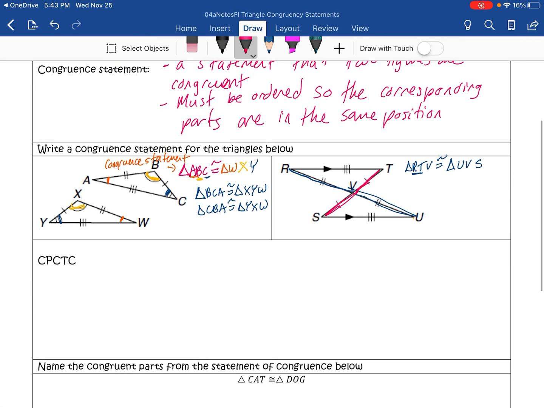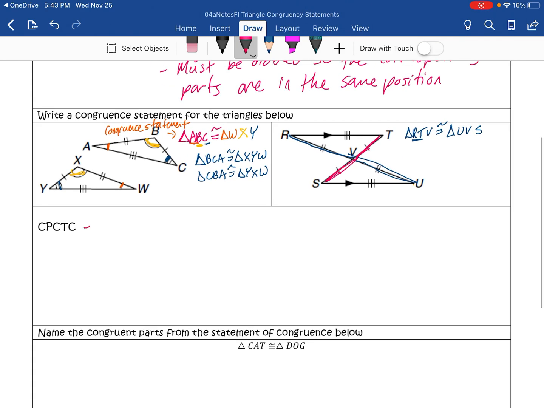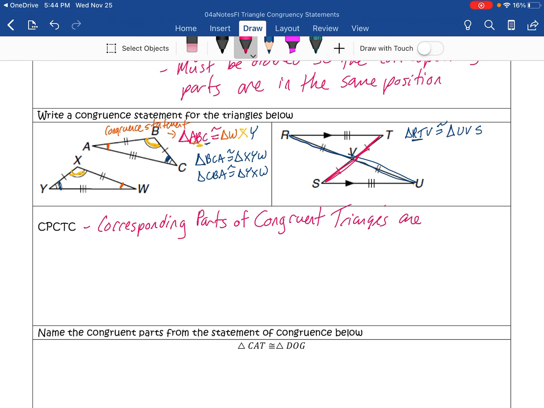Next thing is CPCTC. This will come into play a little bit more. CPCTC stands for corresponding parts of congruent triangles are congruent.